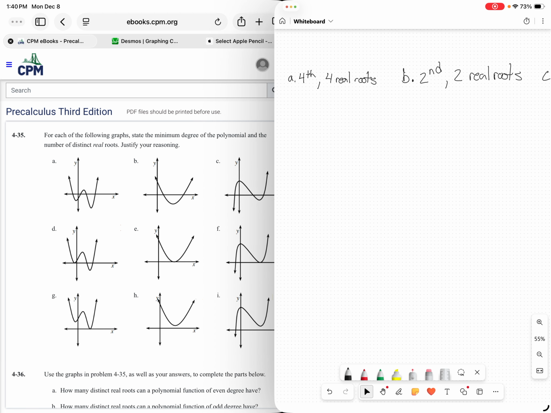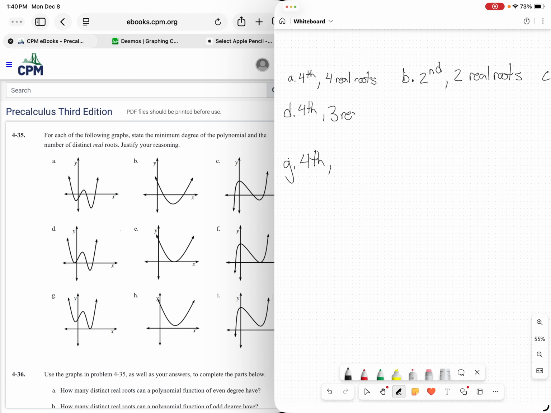Okay, back to D. So if you look straight down the column here, all of these look the same except for the x-intercepts. So D has to be a 4th degree. G has to be a 4th degree. Okay, but then how many real roots? Well, if we look at D, we see 1 x-intercept, 2 x-intercepts, and 3.